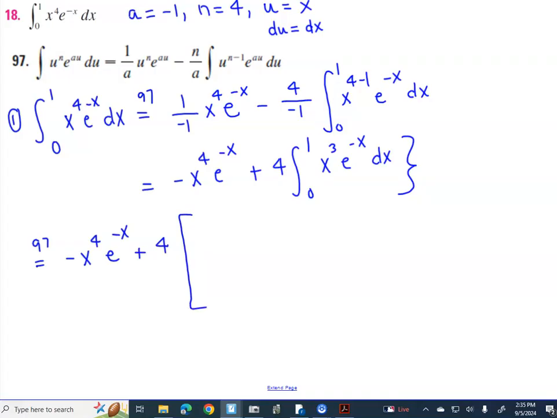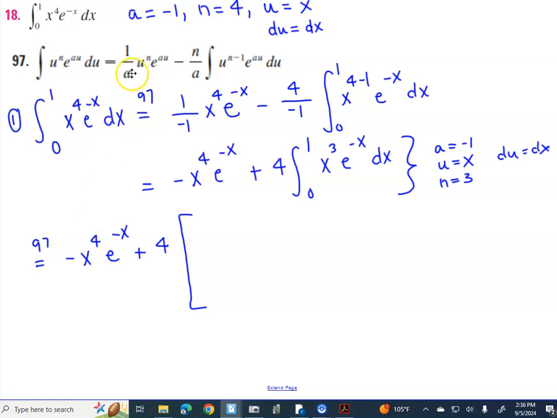times, so now we know that a is still -1, u is still x, du is equal to dx, and n is equal to 3.